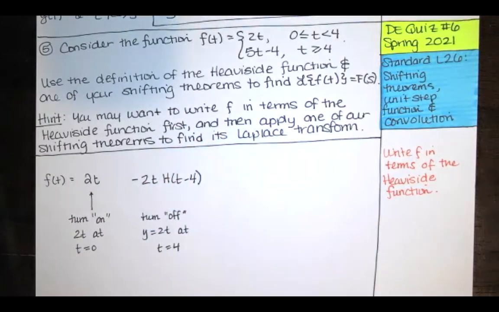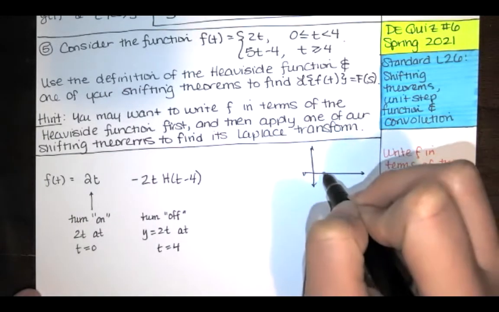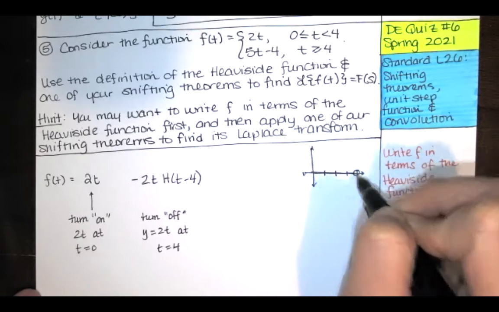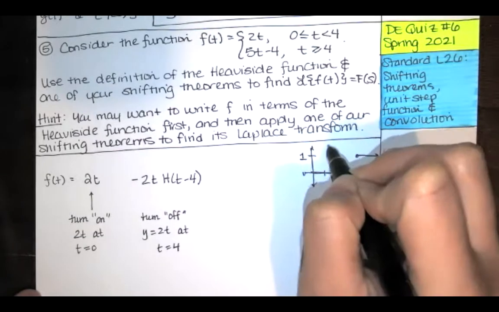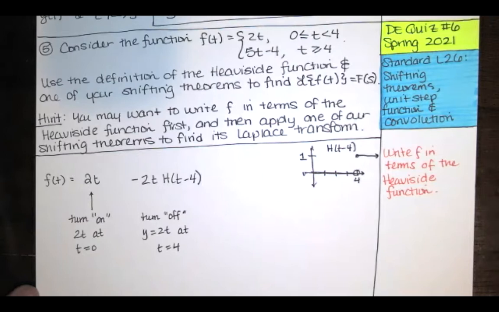t minus 4. Now, the reason that turns that off is because the Heaviside function at t minus 4 looks like this. It's 0 until we get to 4, and then at 4, it jumps up to 1. That's what that function looks like.